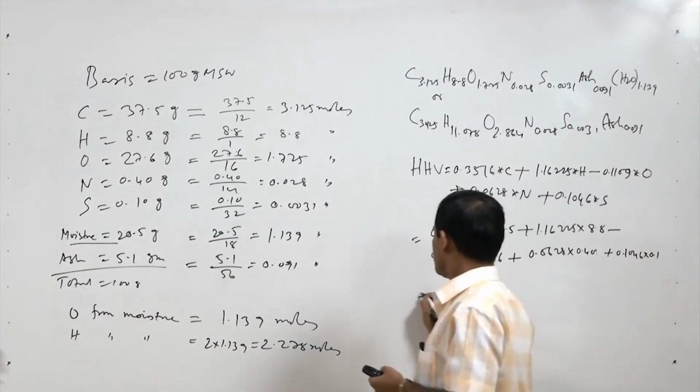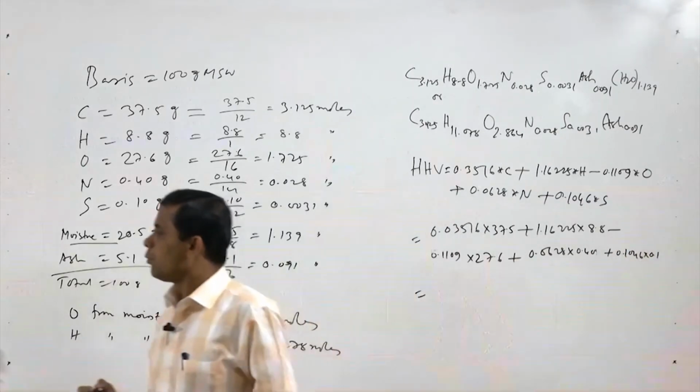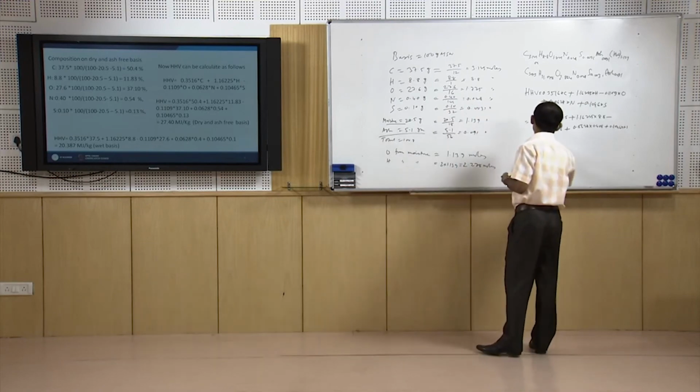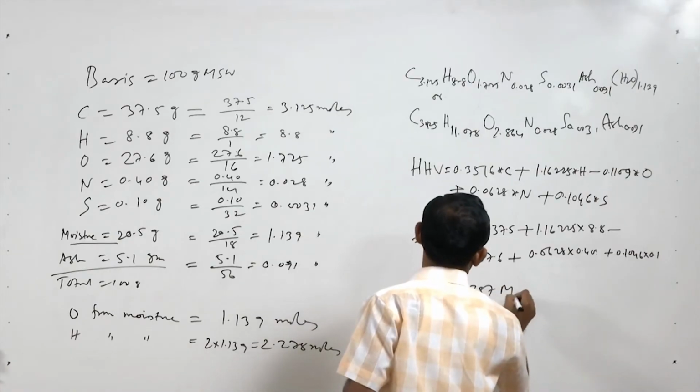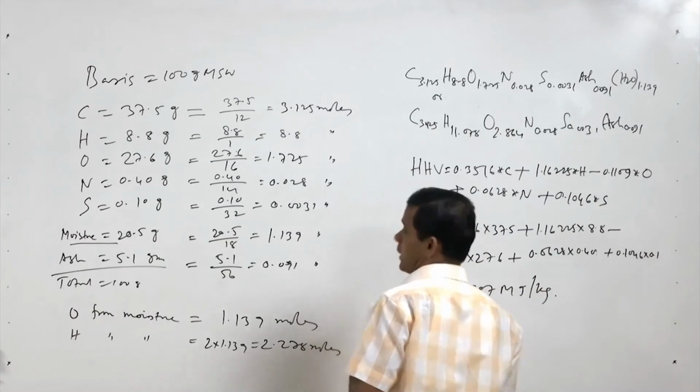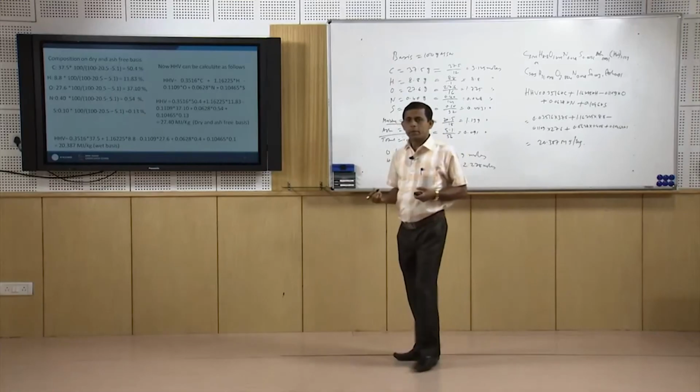That is equal to around 20.387 megajoule per kg. This is on wet basis.